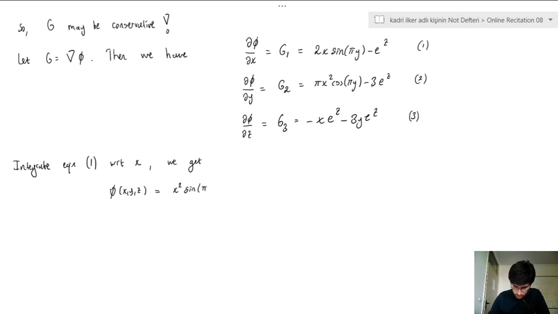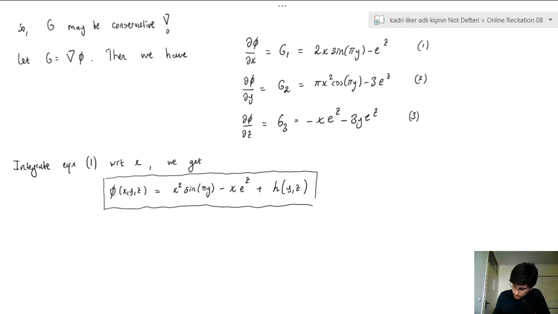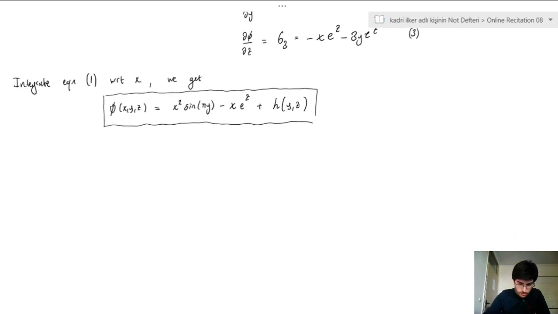Minus x e to the z, plus some extra function that depends on y and z. So this is our potential candidate, if you like, in a very general form. Then, of course, we should determine this auxiliary function h in more detail, right?